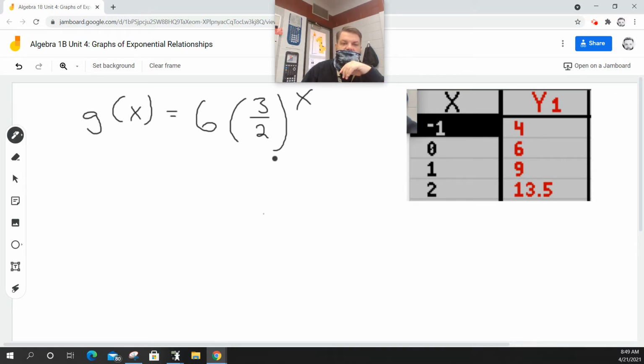One thing that I want to point out, this is always referred to as the base. And this would be kind of what you would call the growth/decay rate.